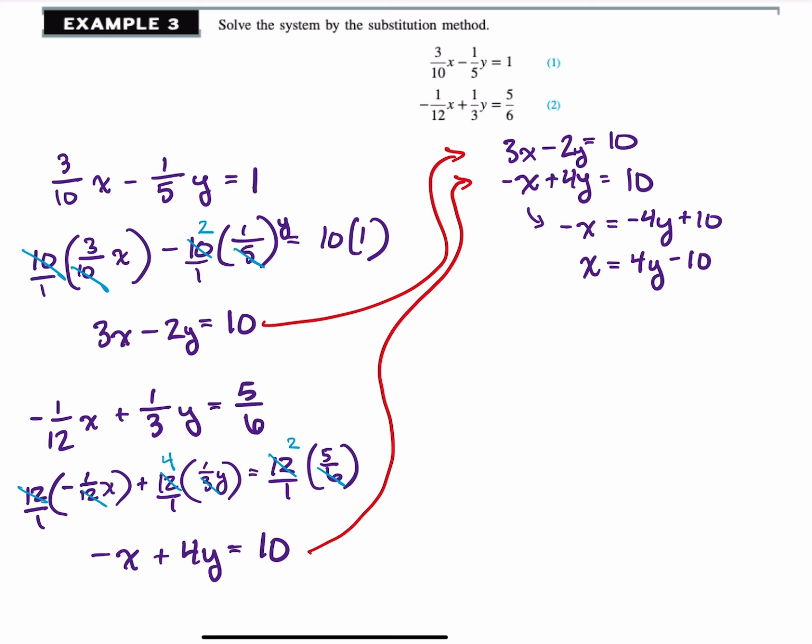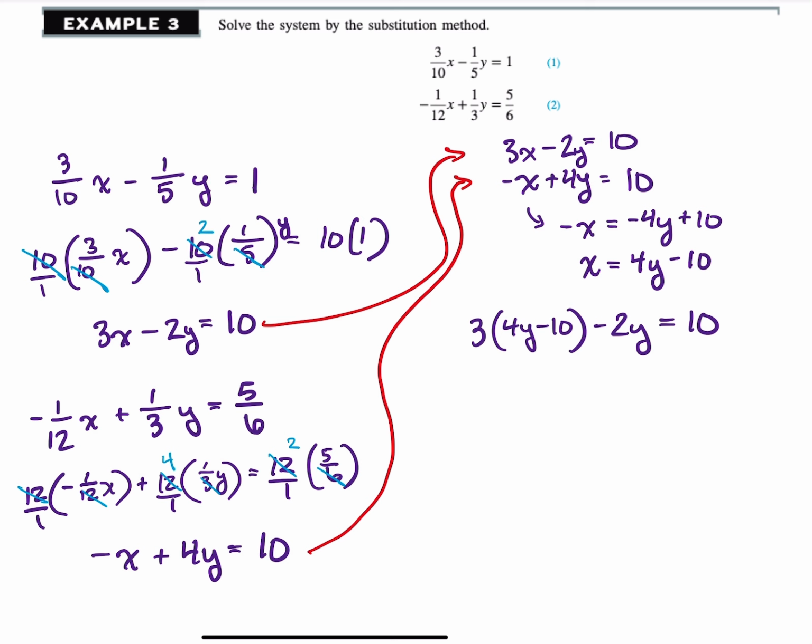So let's go back into the other equation, which was 3x minus 2y equals 10, and let's plug in this expression for x. So 3x, instead of x, I'll say 4y minus 10, minus 2y equals 10. So let's solve this for y. We'll distribute the 3 through.